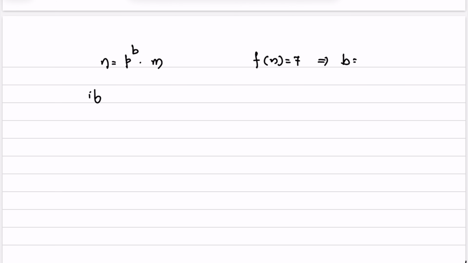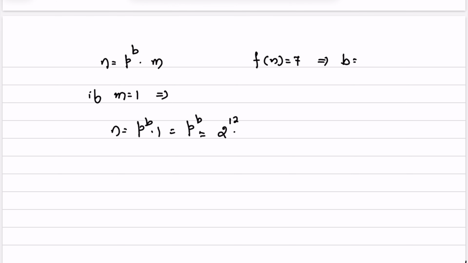If m is equal to 1, let us say case 1, n is equal to p to the power of b into 1, that is equal to p to the power of b. That p to the power of b is nothing but, smallest p is 2, 2 to the power of 12. That means we should get either 12 or 13 as the power of p.